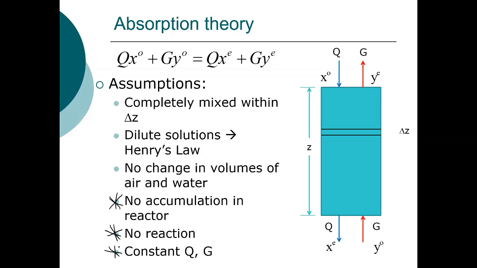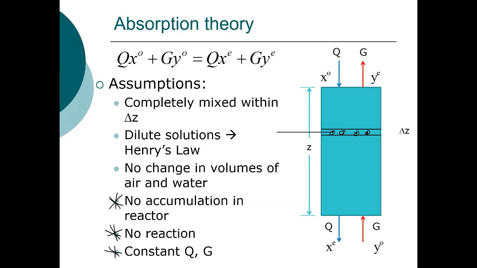We will assume that we have complete mixing within some incremental length delta Z. So within this area, we'll assume we have complete mixing. But then we have no mixing outside of that. We have dilute solutions, so we can use Henry's law. And we'll also assume that we have no changes in the volume of the air and the water.